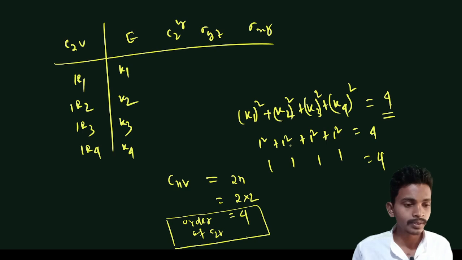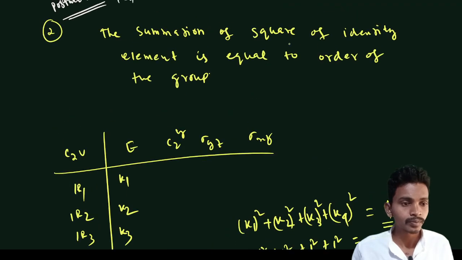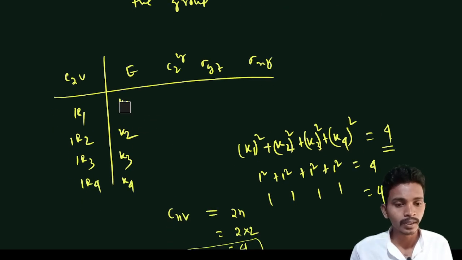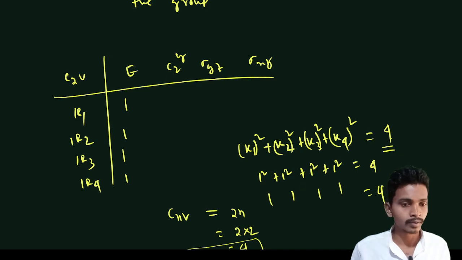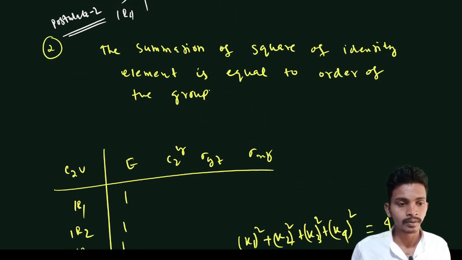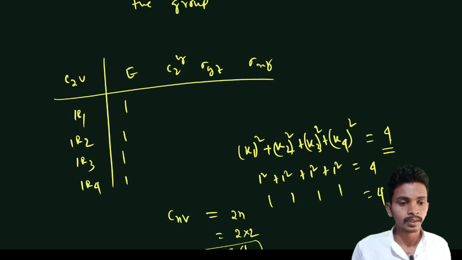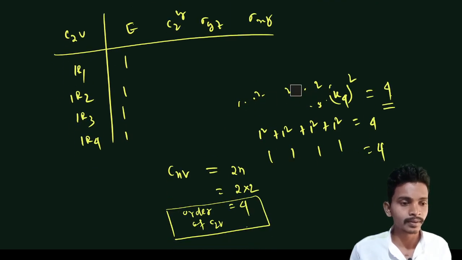If anyone is -1 or anyone is +2, then we will not get 4, because the summation of the squares of the identity elements is equal to the order of the group. So for C2v, all have to be 1: this is 1, this is 1, this is 1, this is 1. This is what the second postulate says.